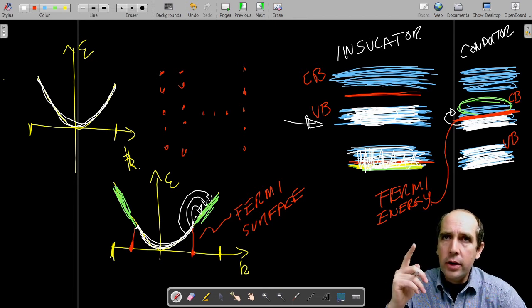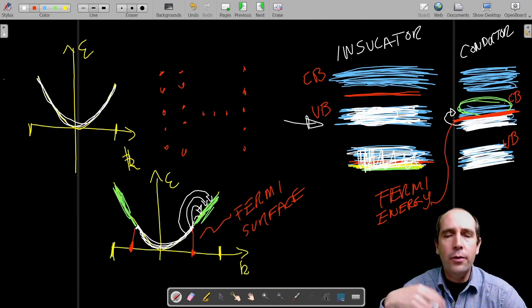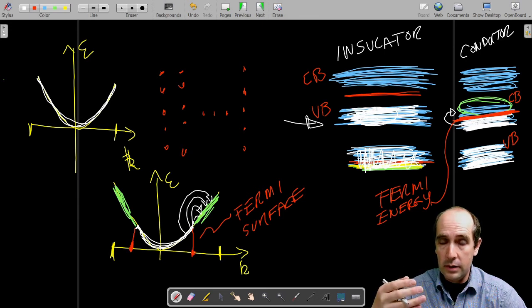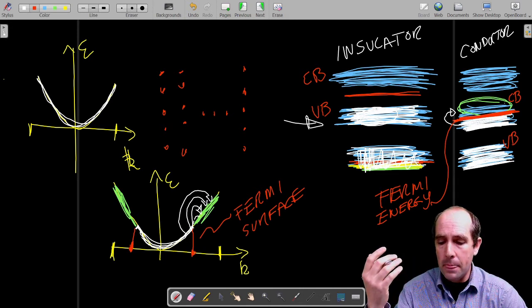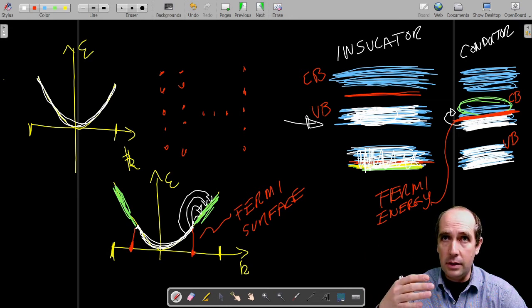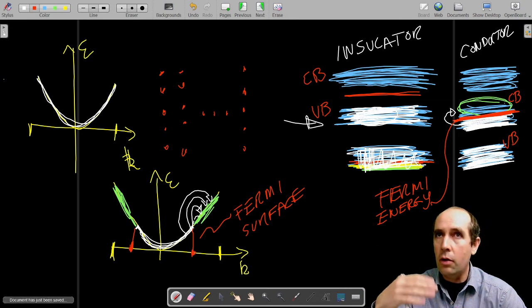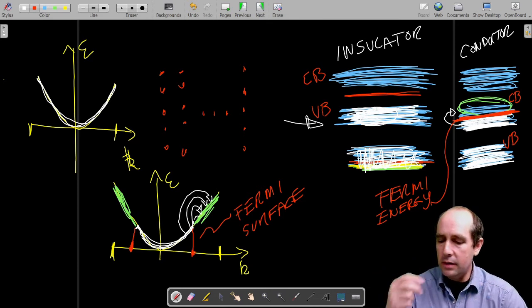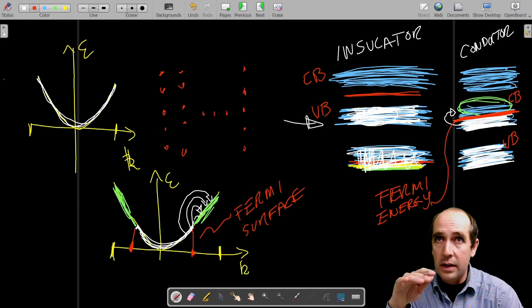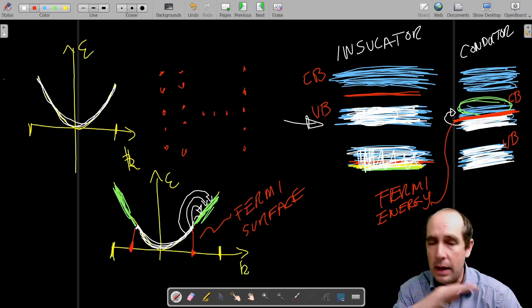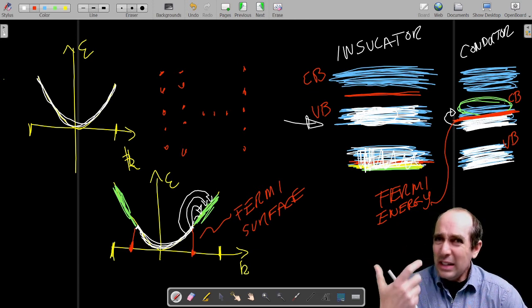However, there is a third type of materials that are of great technological importance, and that is the semiconductors. And for semiconductors, there is no third option here. Either the conduction band is completely empty or it is half full. But there is no third case here. So the Fermi energy is either within a band or in between bands. That's it. So what is a semiconductor?